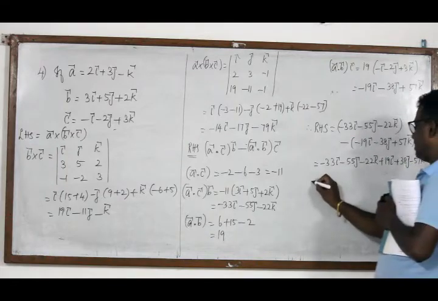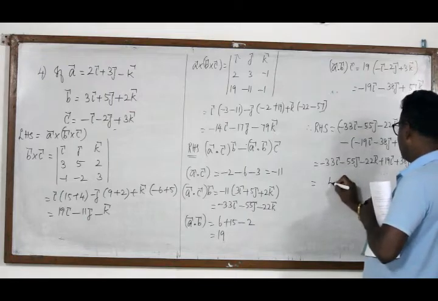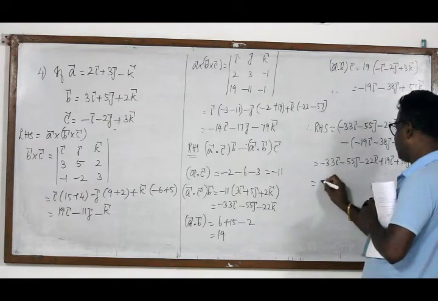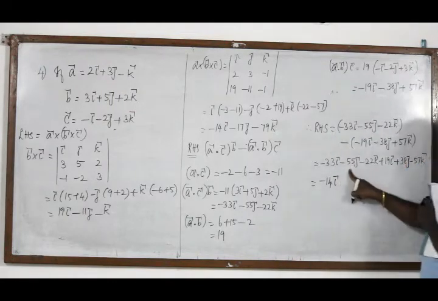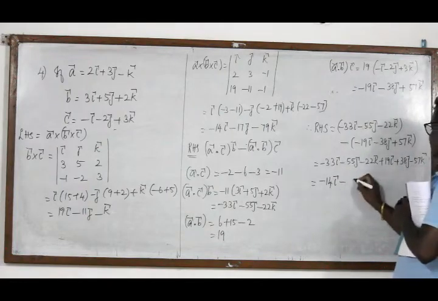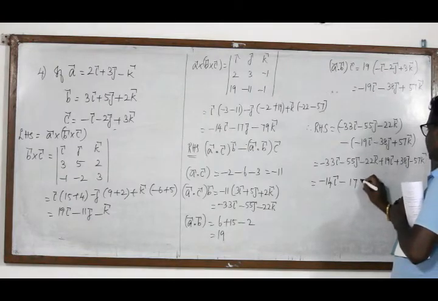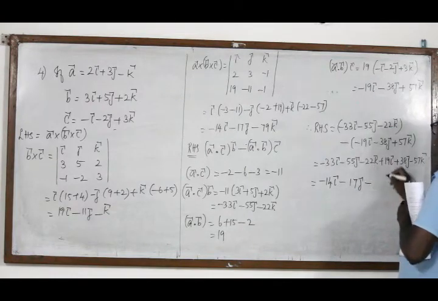We shall add the like terms. Minus 33 plus 19, minus 14. Minus 55j plus 38j, minus 17j. Minus 22 minus 57, minus 79k.